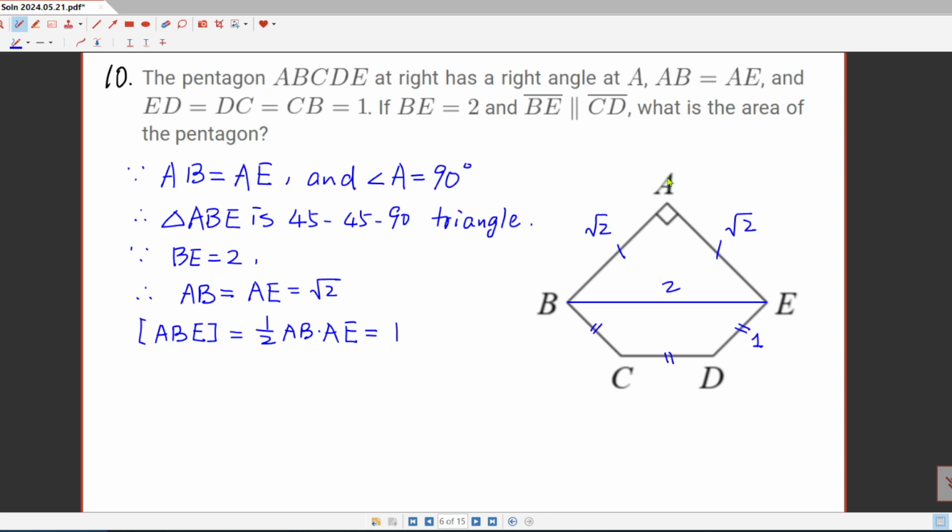And if you want to find the area of the pentagon, we also need to find the area of BCDE.